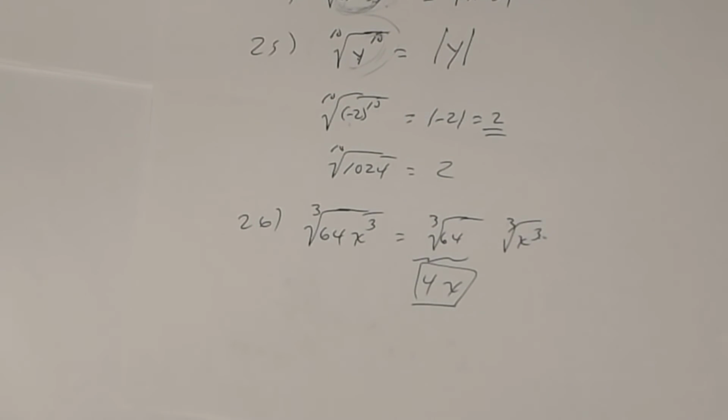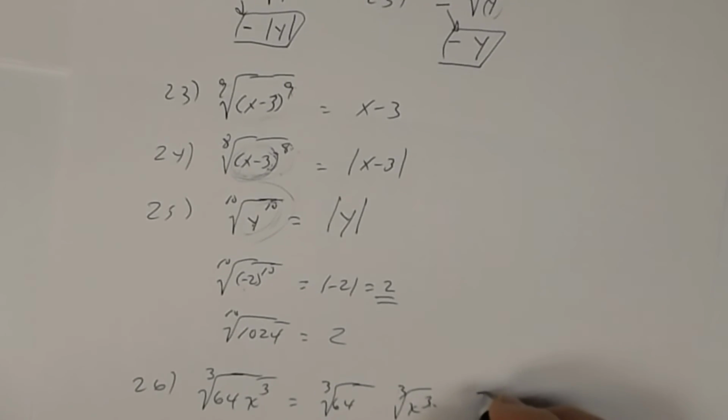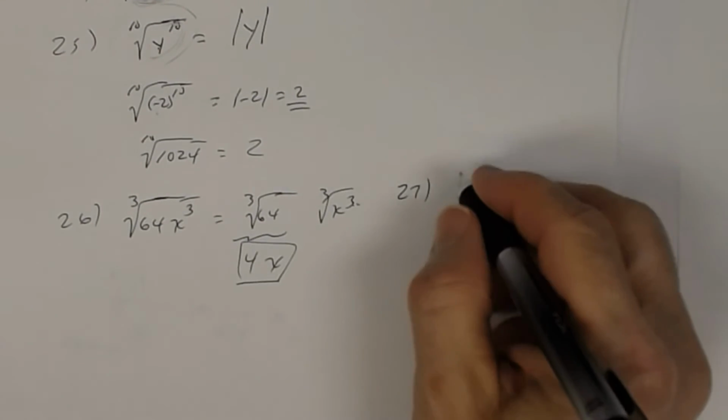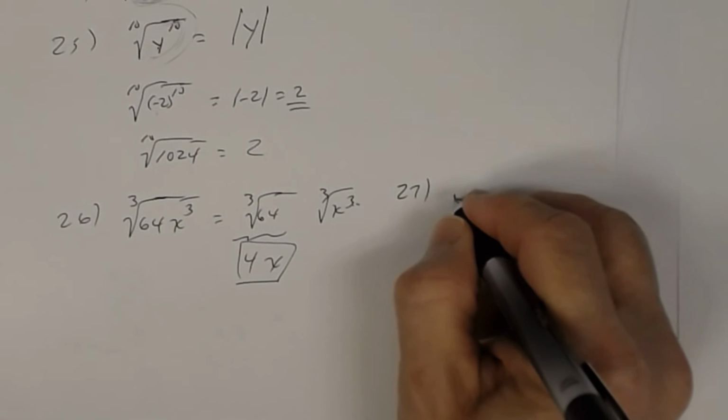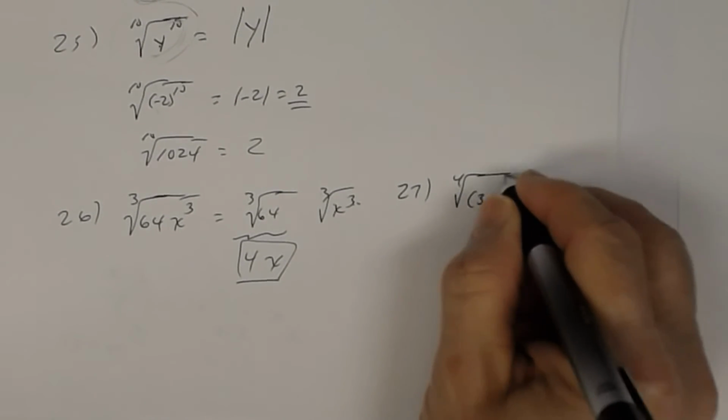All right, so be careful. Know when you're going to do absolute value and absolute value bars. Know when you're not going to. Okay, let's do one or two more. Let's do 27 right here. Let's suppose we had the fourth root of 3x minus 2 to the fourth power.